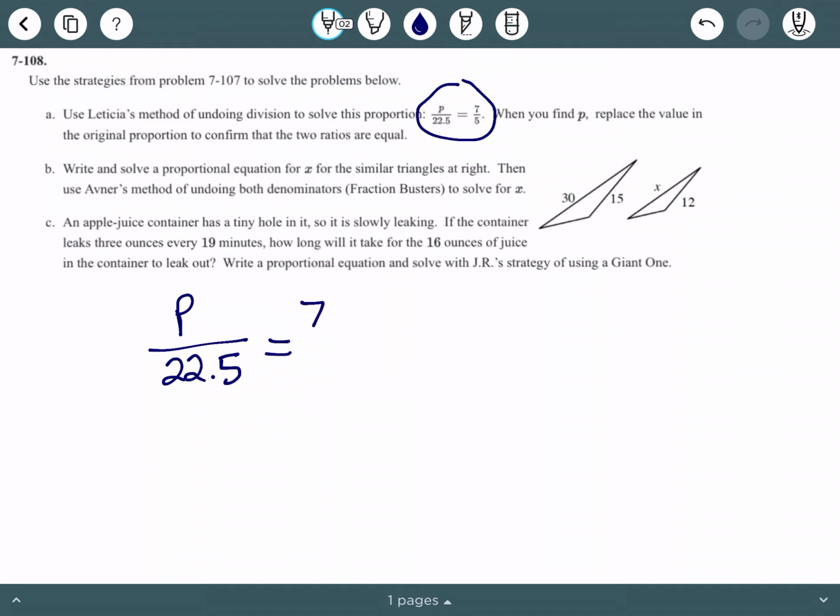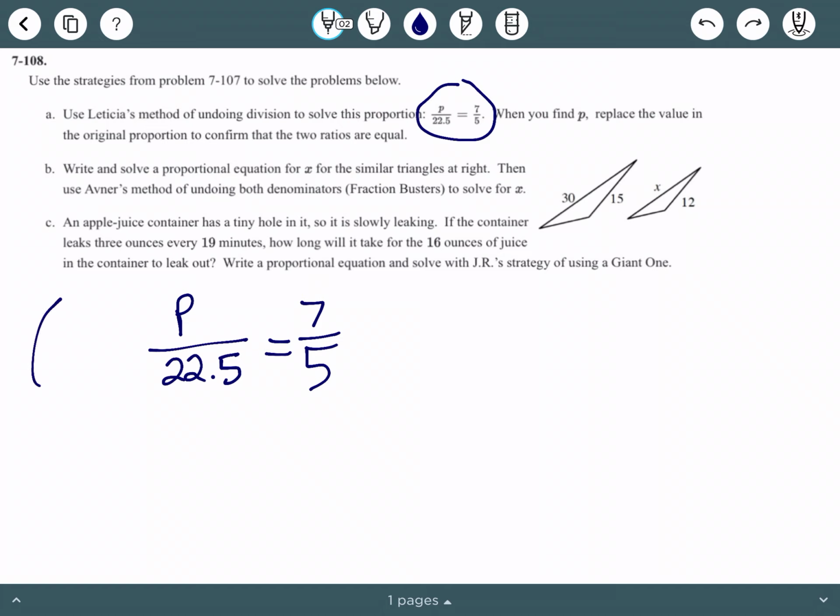and then that is equal to 7 over 5. So what Letitia did in problem 7107 was she multiplied by the denominator of the variable. Or you could see P is being divided by 22.5. So what she did was she multiplied by 22.5.